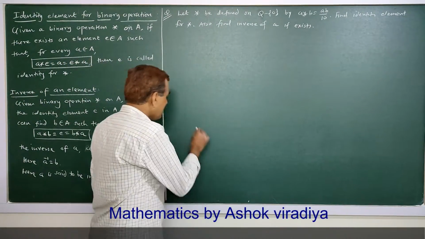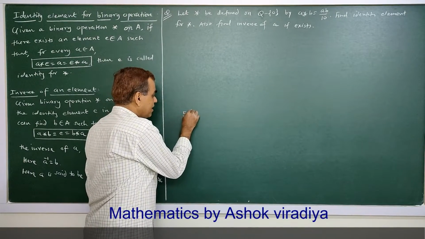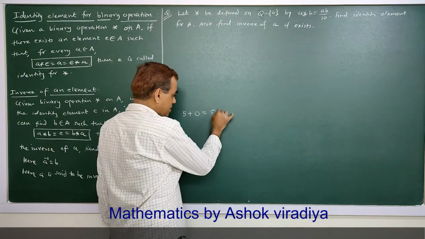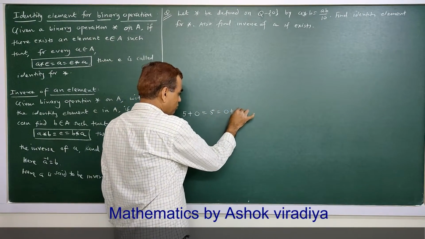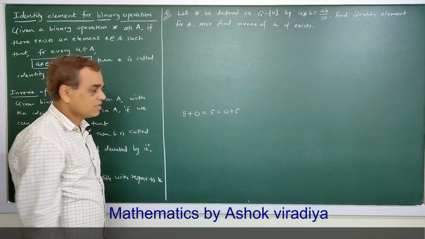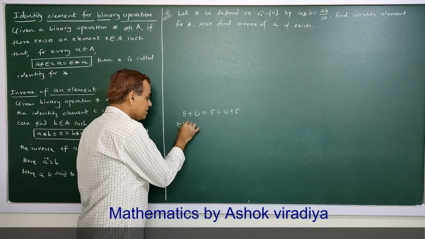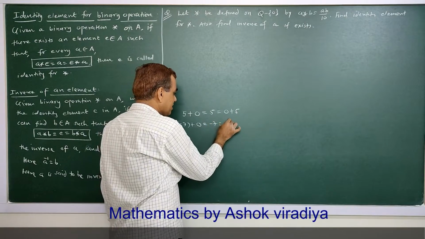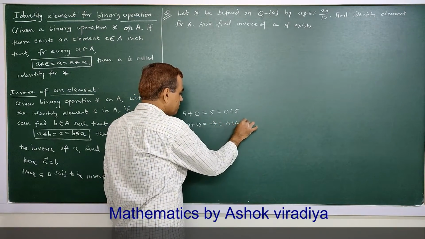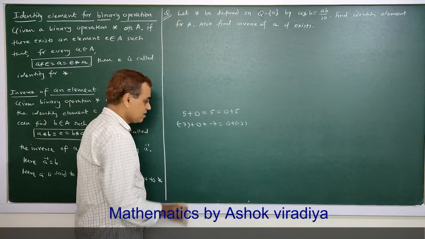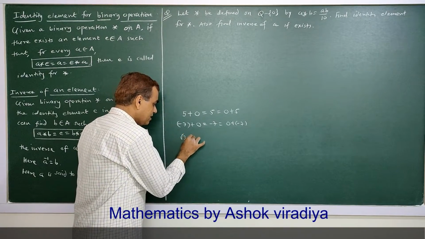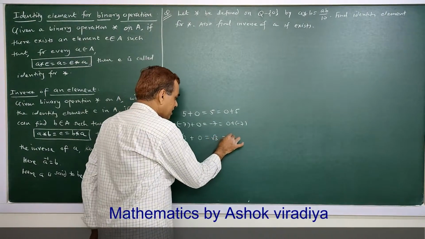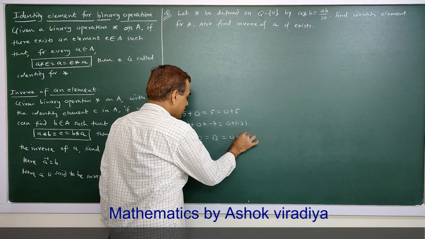Say we know that 5 plus 0 is equal to 5 is equal to 0 plus 5. Minus 7 plus 0 is equal to minus 7 is equal to 0 plus minus 7. Root 3 plus 0 equal to root 3 equal to 0 plus root 3.